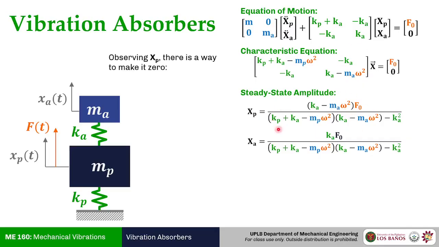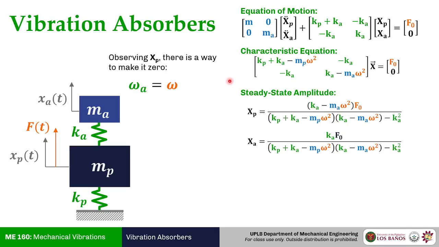Because there is a difference of two terms, we can actually make X_P zero. So how do we make our amplitude for the primary system zero? We take this factor, this difference, and equate it to 0. And that gives us the following relationship.